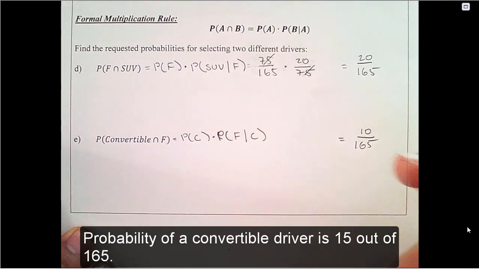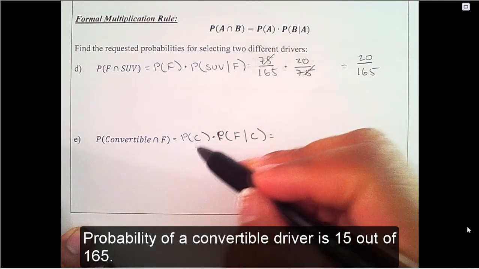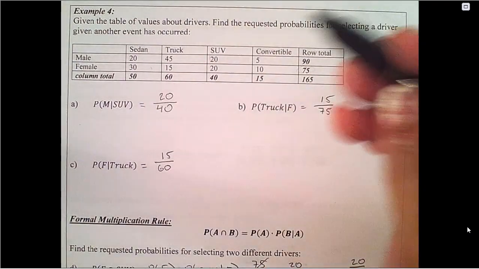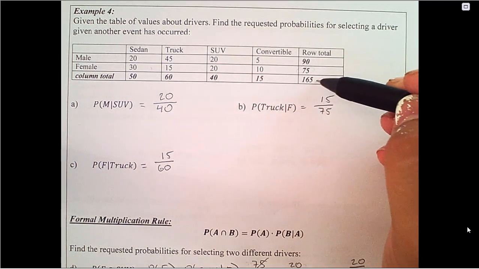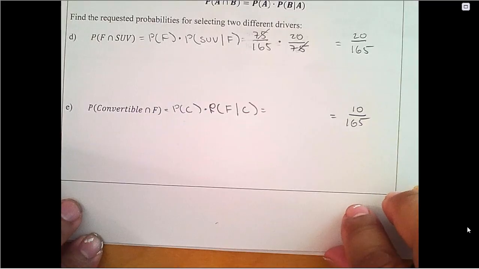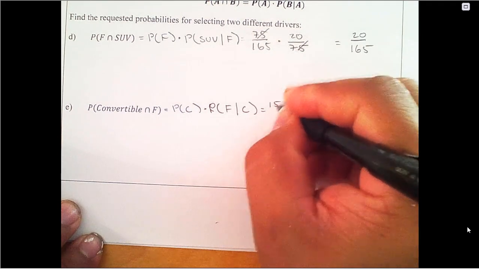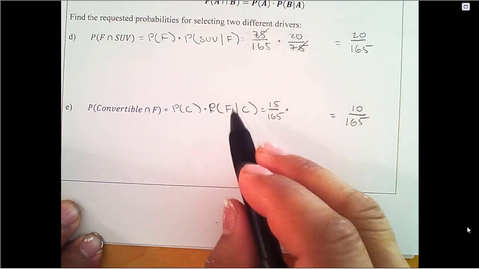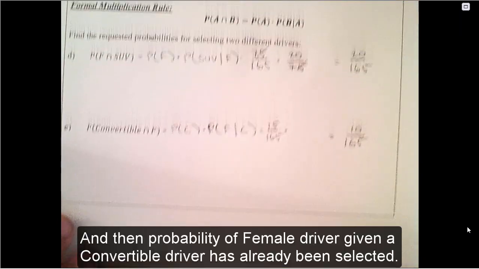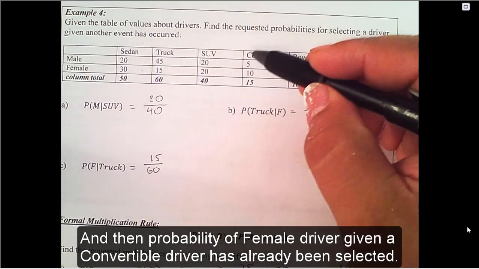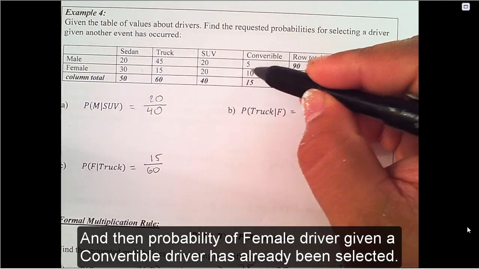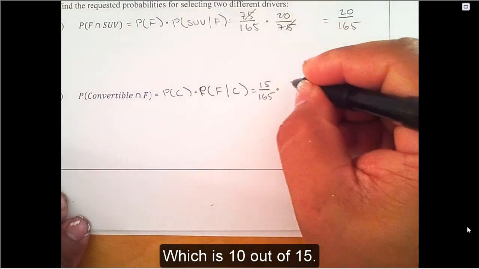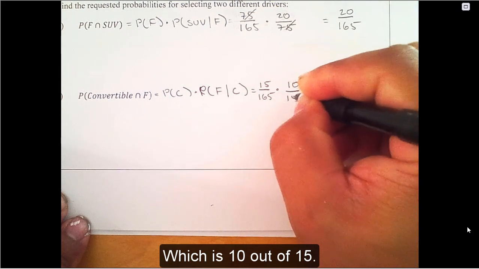Probability of a convertible driver is 15 out of 165. And then probability of female driver, given a convertible driver has already been selected, which is 10 out of 15.